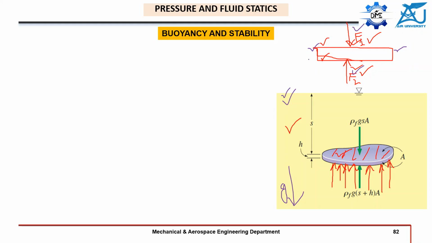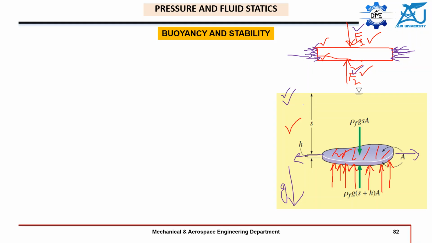If we look at these two surfaces, the pressures acting on both points will generate a resultant force, but it will be equal and it will cancel out. So there will be no motion either in this direction or in this direction.